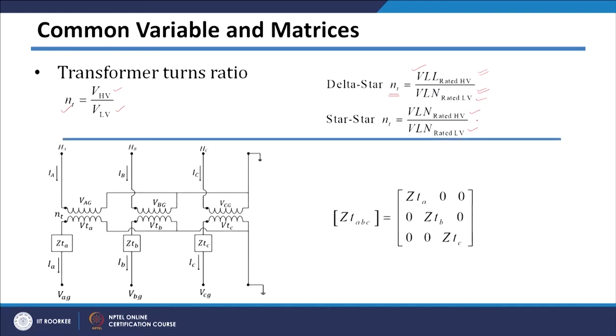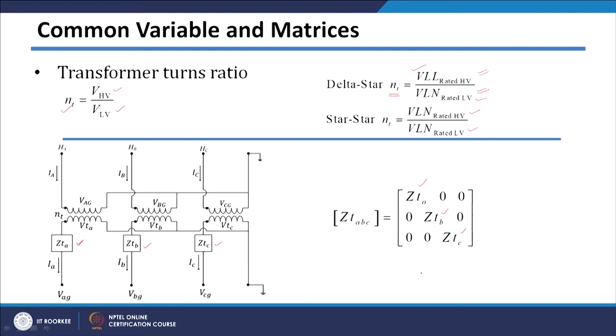Then in all the configurations, I am referring to the leakage impedance of your transformer on the secondary side. I am taking it on the secondary side, or low voltage side, and the matrix of it is ZTA, ZTB and ZTC as the diagonal entries, corresponding to A phase, B phase and C phase.